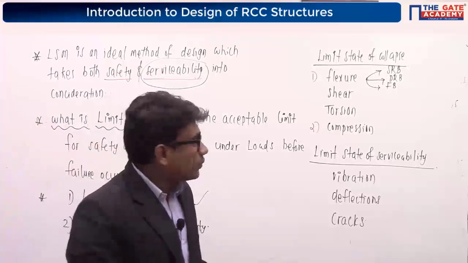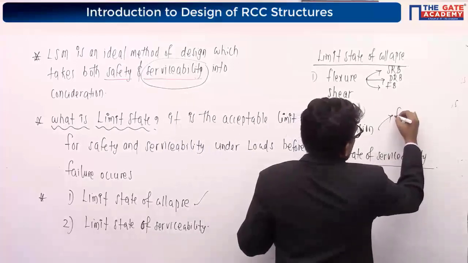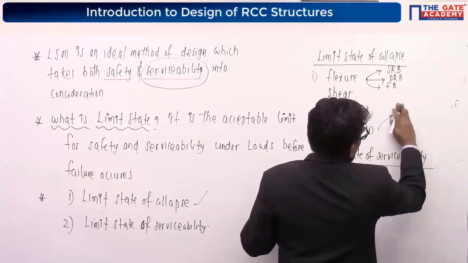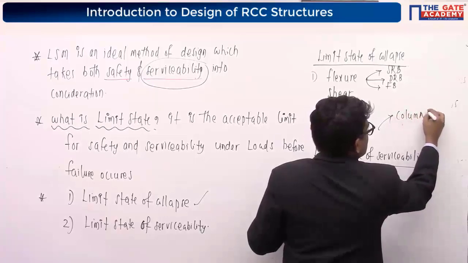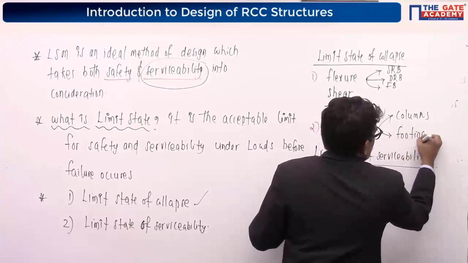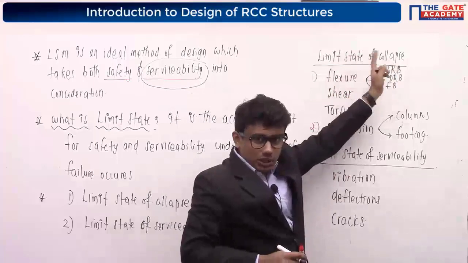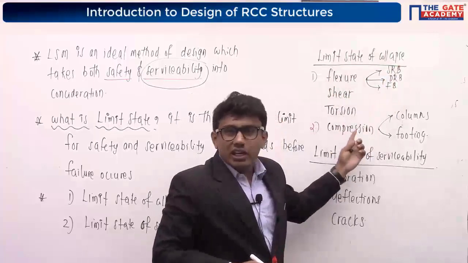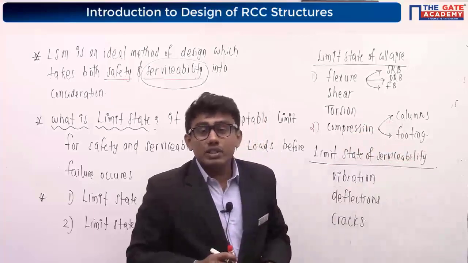Exactly, columns, footings, etc. The compression members in a structure are our columns. First one is columns, and second one is footing. So under this heading, limit state method of collapse compression, we will learn how to design columns and how to design footings as per limit state method of design.